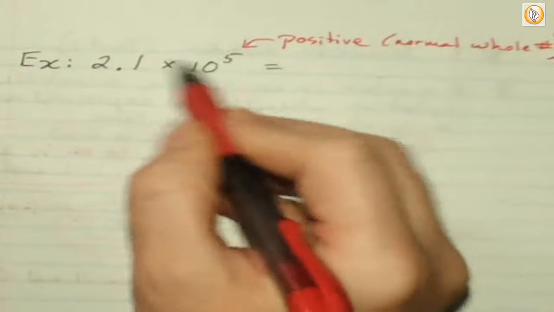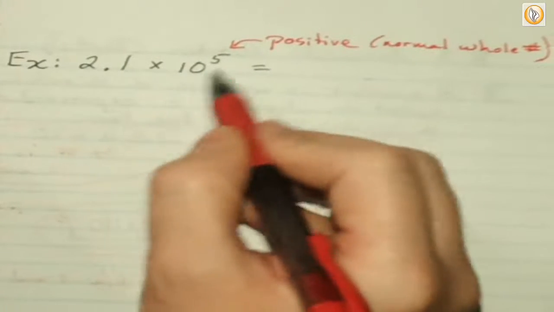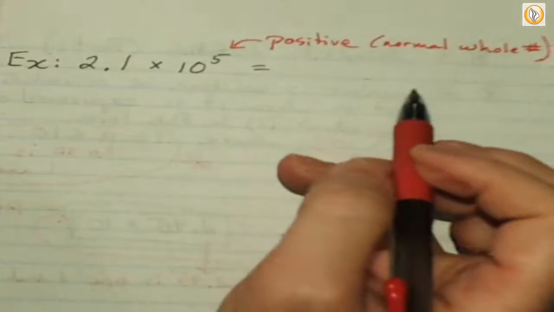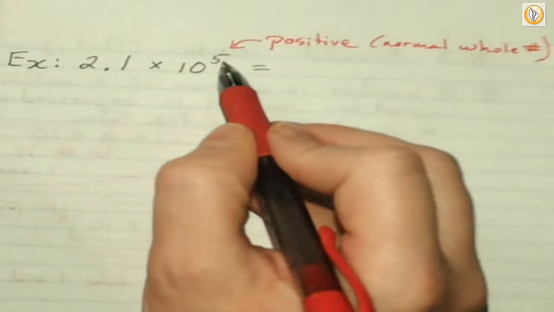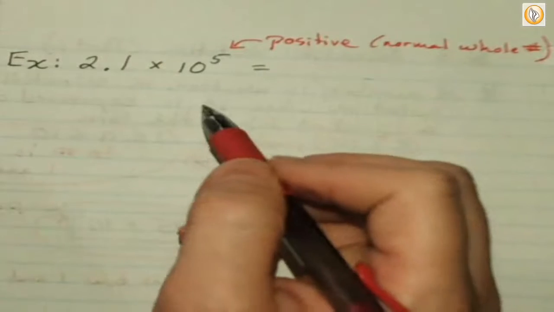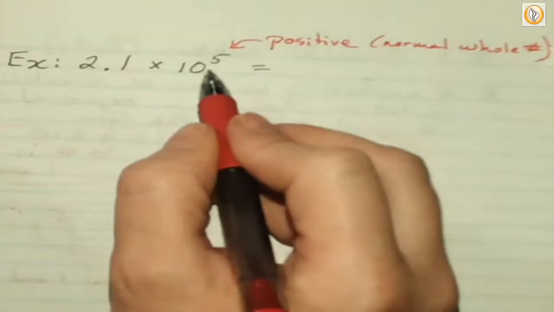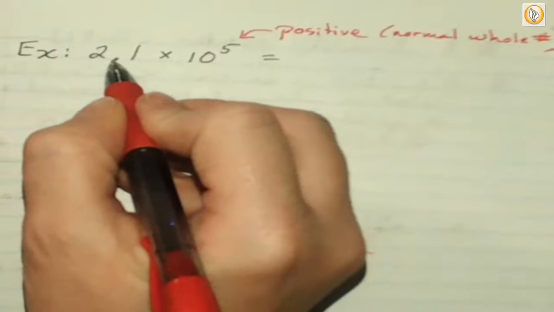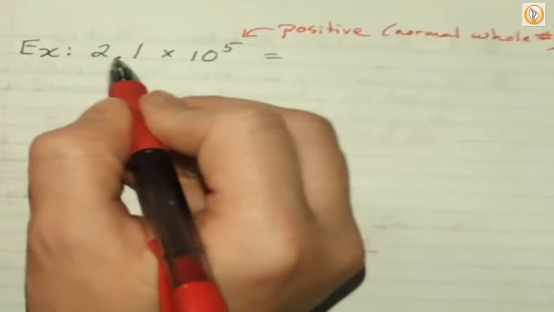So if they give you scientific notation and they want you to tell us what the number is, then if this is positive, your answer should normally be a normal whole number. We're going to have to move this decimal either to the left or right.